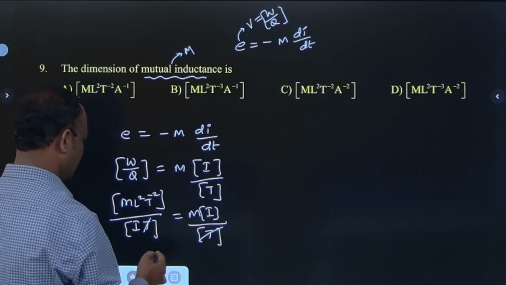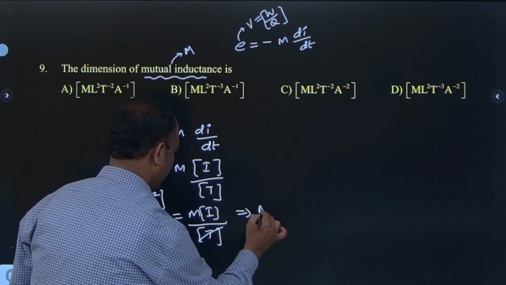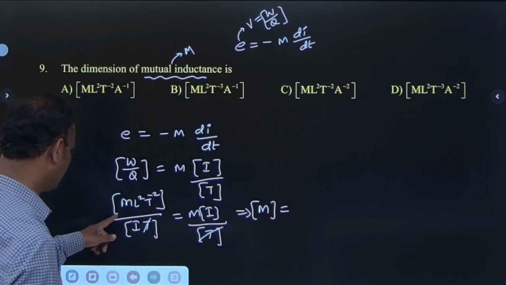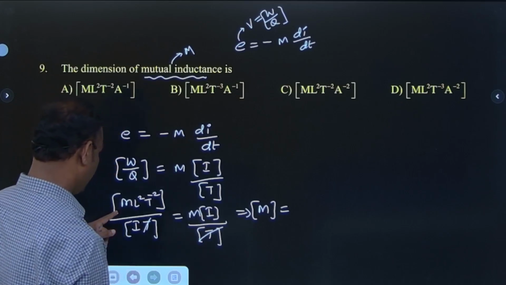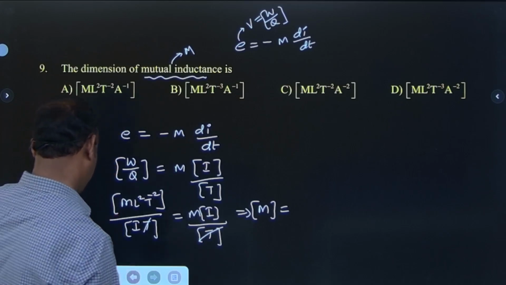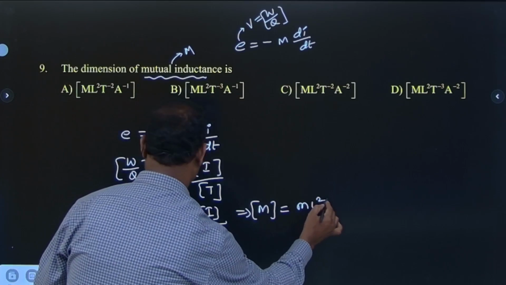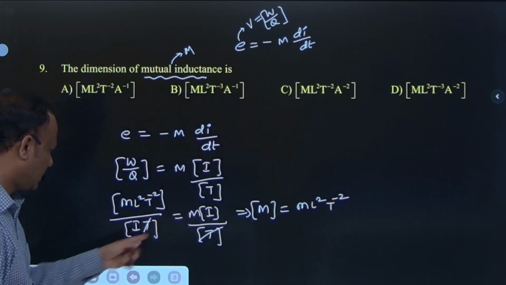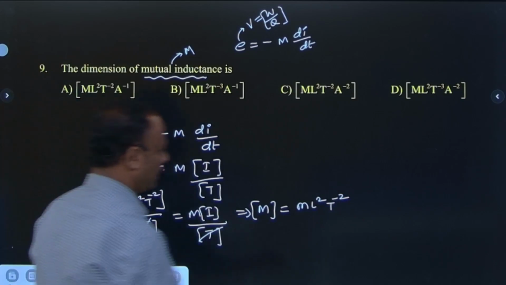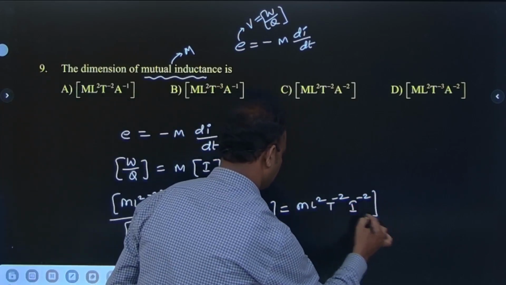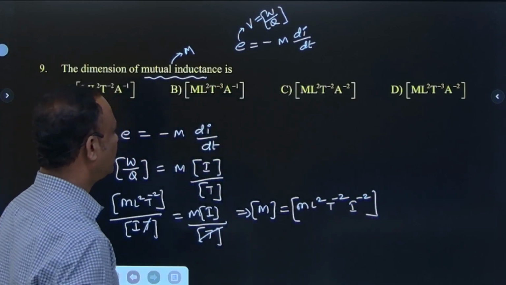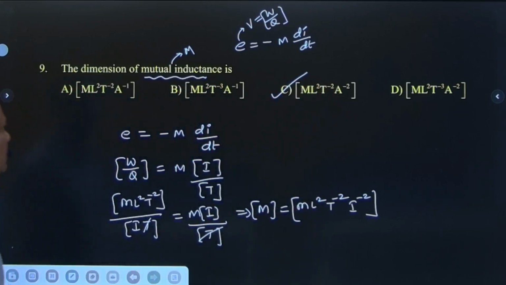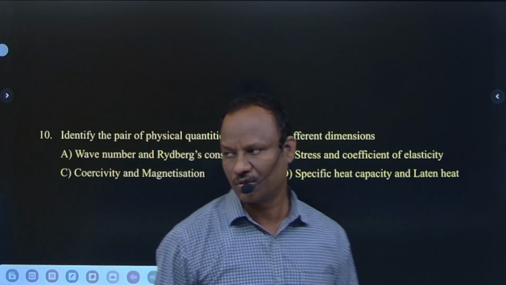The dimensional formula of M is then ML square T minus 2, and the I comes down, so I minus 2. ML square T minus 2 I minus 2 is our answer. Option C is correct.